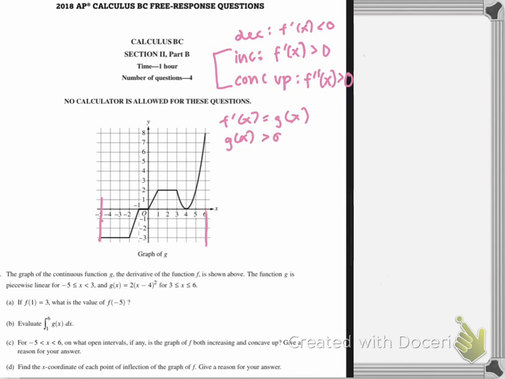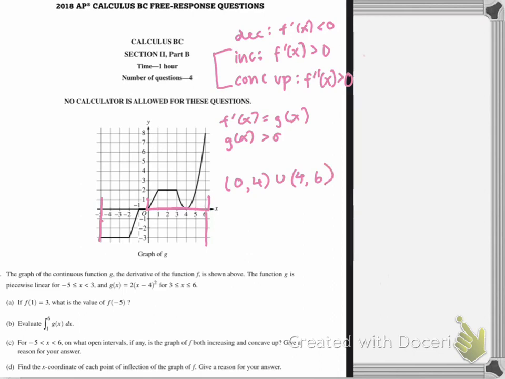That's going to be all the way over here, from 0 to 4, and 4 to 6, right over here.